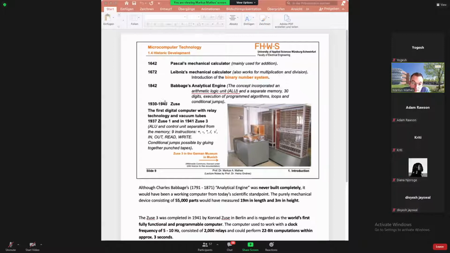Nearly 100 years later, Zuse starts to publish and realize his work. From the German perspective, this was the invention of the first digital computer based on relay technology and vacuum tubes.